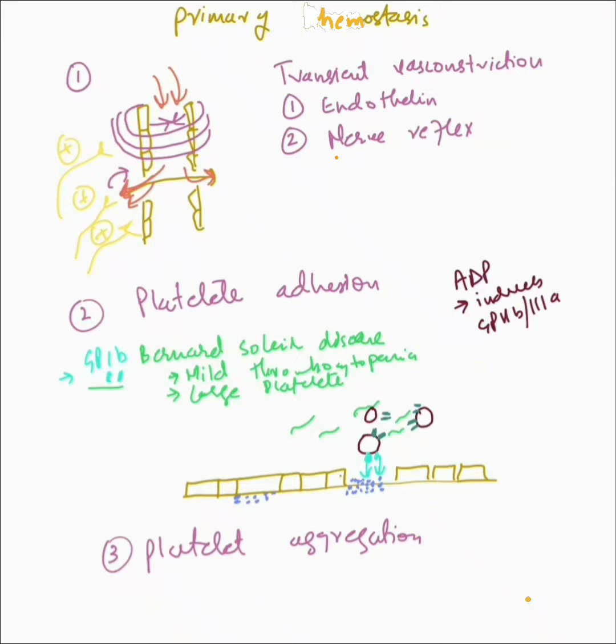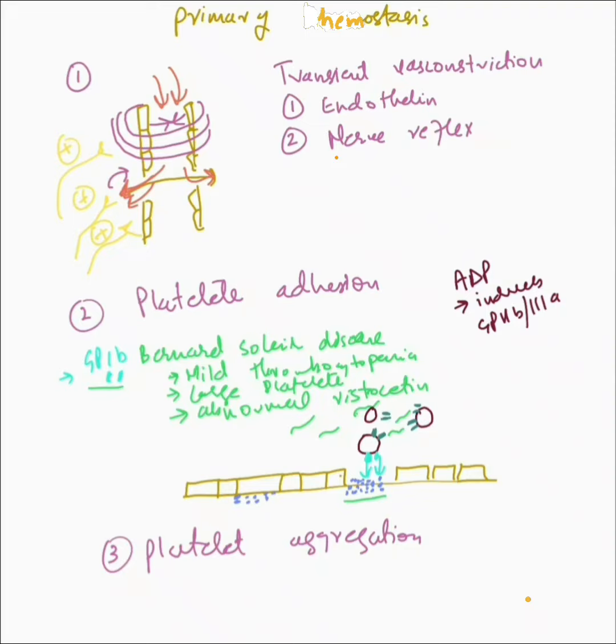So Ristocetin will be defective when there is absent or decreased activity of von Willebrand factor, for example, von Willebrand factor disease, or if there is a GP1B defect like Bernard-Soulier. So Bernard-Soulier will have an abnormal Ristocetin test, and von Willebrand disease will also have an abnormal Ristocetin test.